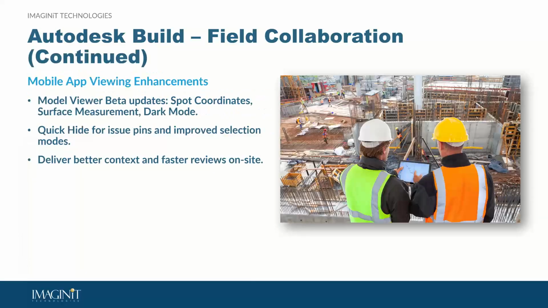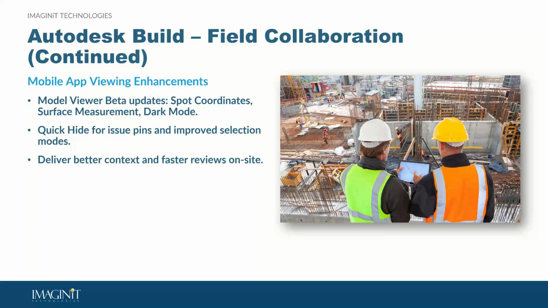So some additional continued enhancements here for the mobile. Some of this certainly applies to our civil and site crews. There's the model viewer beta experience, and there have been some updates. We have this new spot coordinate and surface measurement capability, plus dark mode.